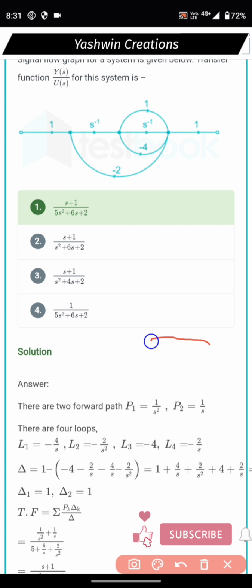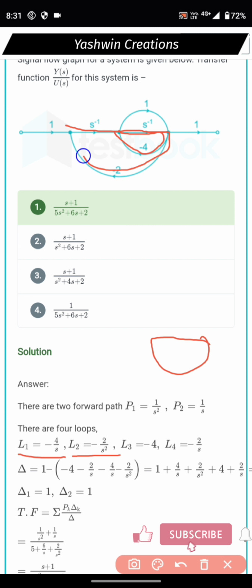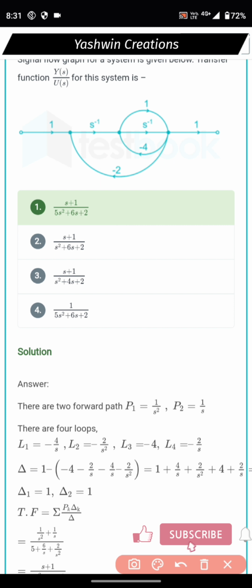The closed loop L1 is equal to minus 4 divided by s. This is one loop. L2 is equal to minus 2 divided by s squared. Next, L3 is minus 4.